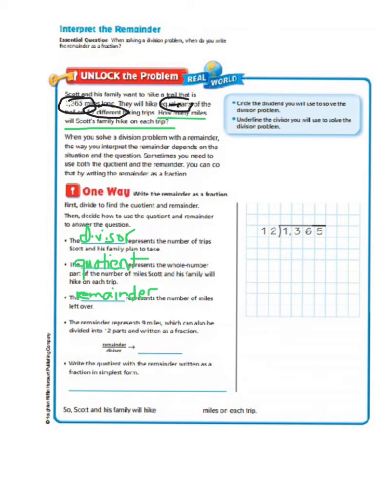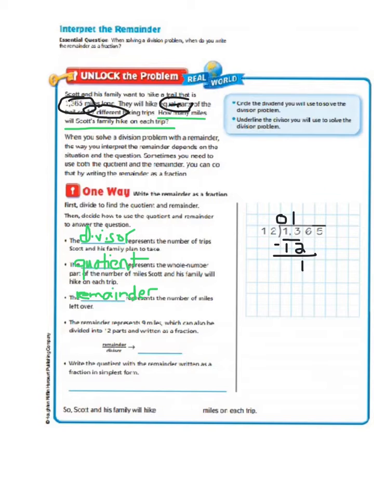Well, we know we can't do that, so we need to either put an X or a 0 in our thousands place value. So then it leaves us with 13 divided by 12. Well, we know we can do 13 divided by 12 one time, and we place our 1 in our hundreds column. 1 times 12 is 12, and 13 minus 12 leaves us with 1.